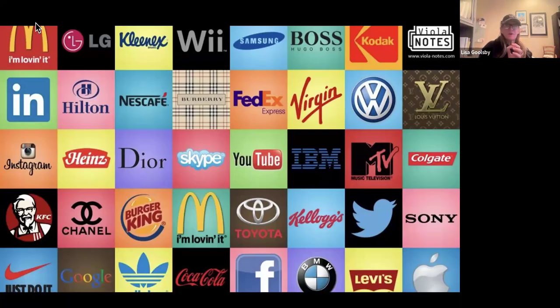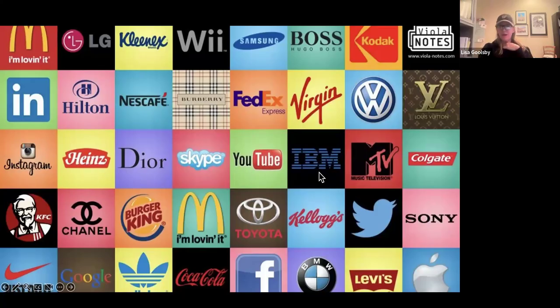If I go through, I can see on the top, I've bought Kleenex, I bought LG products, I bought Samsung products. I use LinkedIn, very big Hilton member, FedEx, Volkswagen, Instagram, Heinz.